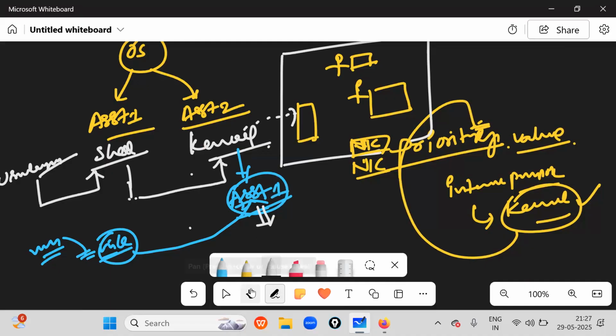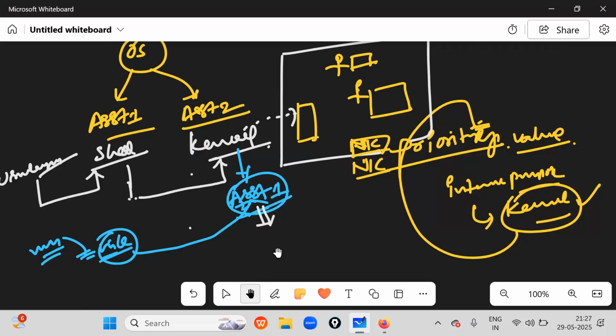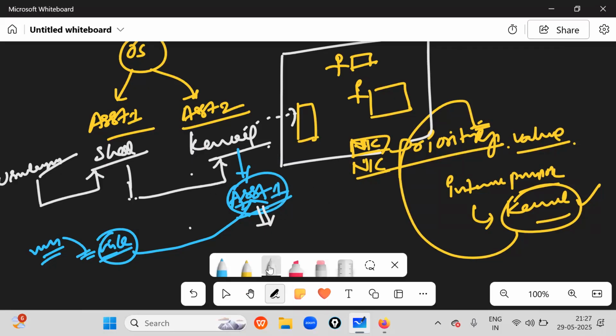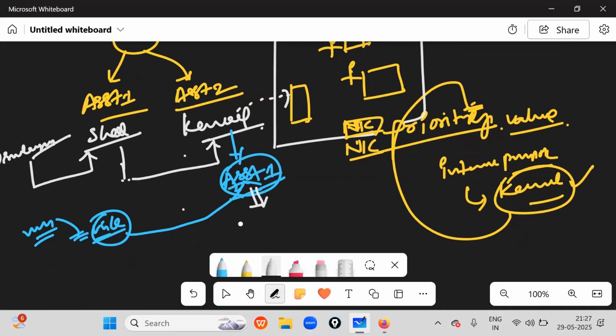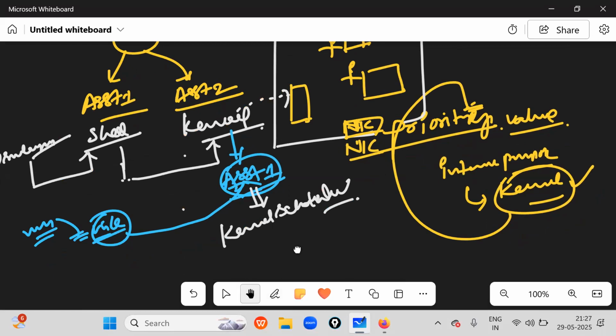Okay, for process priority. That means what? The actual scheduling priority is used by assistant number one. Sir, who is assistant number one? Assistant number one is the person you're calling the kernel scheduler. The kernel scheduler is doing all this activity.